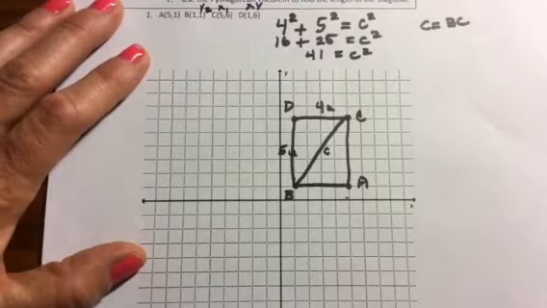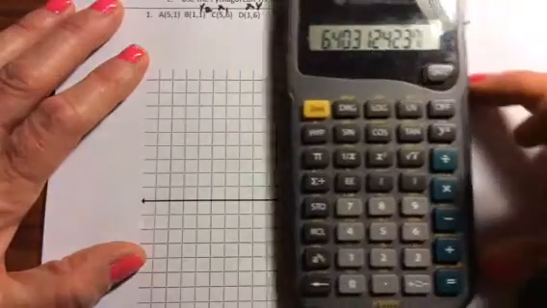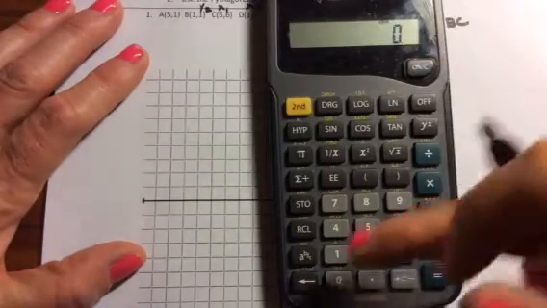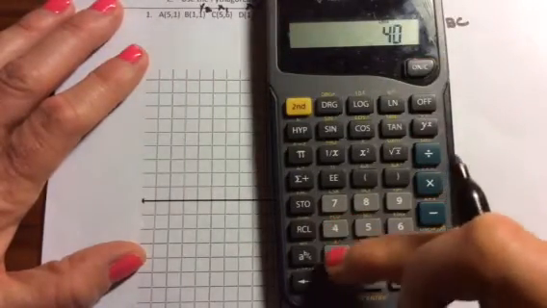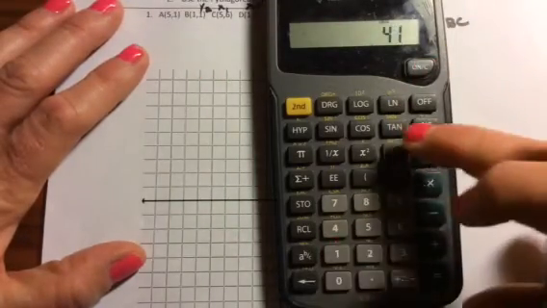So I'm going to do the square root of 41 on my calculator. I'll hit 41 and hit square root because I've got one of the old TI-30 calculators here. I'll do that again for you. I'm going to do 41, and then I hit the square root.